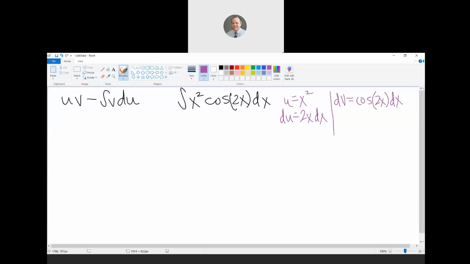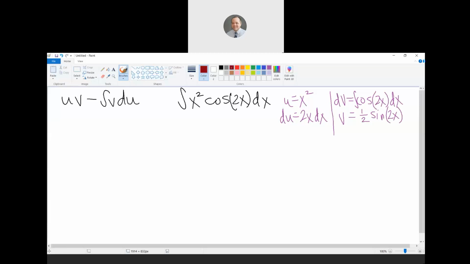Now, this integral you can actually look up, or you can do a substitution. When you integrate this, you actually come up with 1/2 sine of 2x for your integral. And let me show you how I got that.